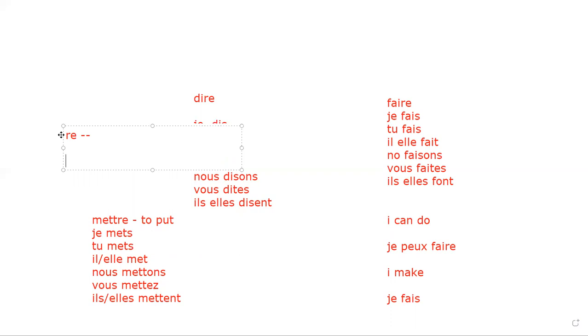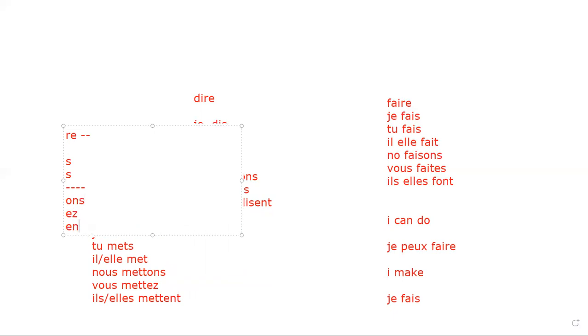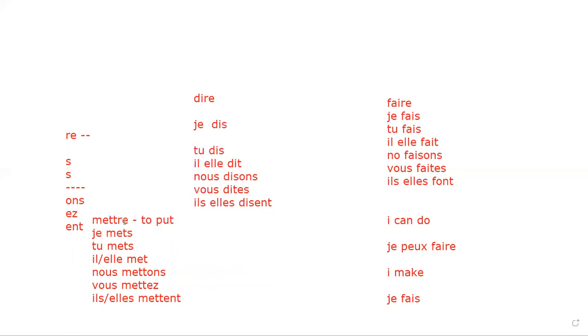The formula of an RE ending verb is S, S, blank, ONS, EZ, ENT. For example, you have the verb mettre, a verb ending in RE. So what have we done? S, S, and then with il there is no ending, blank, ONS, EZ, ENT.